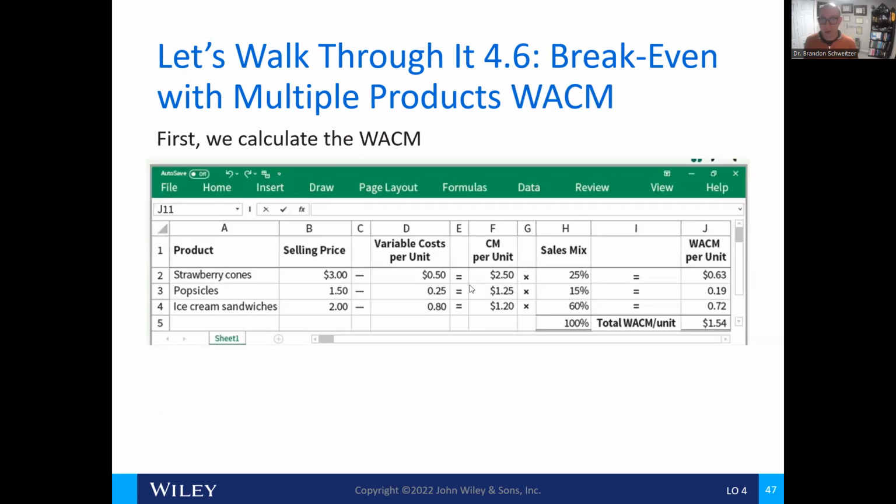Here it is graphically in Excel. Sales price minus variable cost gives the contribution margin per unit. The sales mix by percentage gives us the weighted average per unit. Of course, we add those up to find the weighted average per unit.